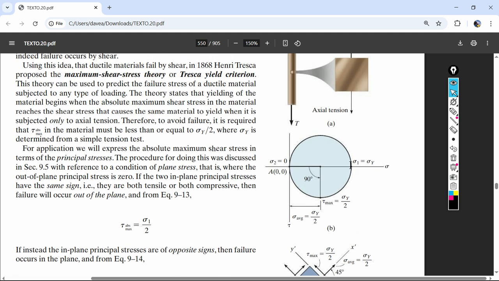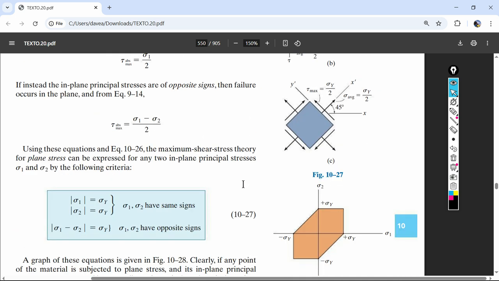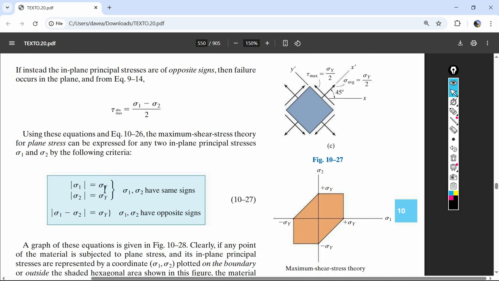If sigma 1 is positive and sigma 2 is negative, big circle. But if sigma 1 is positive and sigma 2 is also positive, small circle. Where out of plane, you have sigma 1 and the out of plane stress is 0, that bigger circle. Cool. So yes, this is the yield, this is the max strain.